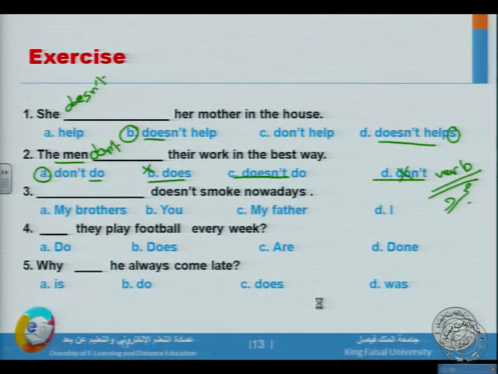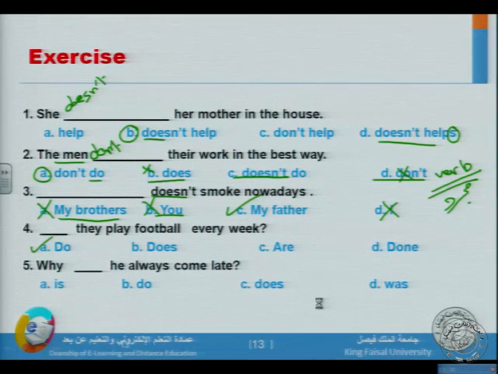واضح؟ Number 3. My brothers doesn't smoke nowadays. Doesn't smoke. my brothers جمع و doesn't مفردة، إذن مش my brothers. you doesn't خطأ. my father doesn't صحيحة because my father is singular. I doesn't خطأ لأنه نحكي I don't. Number 4. They play football every week. هذا question.